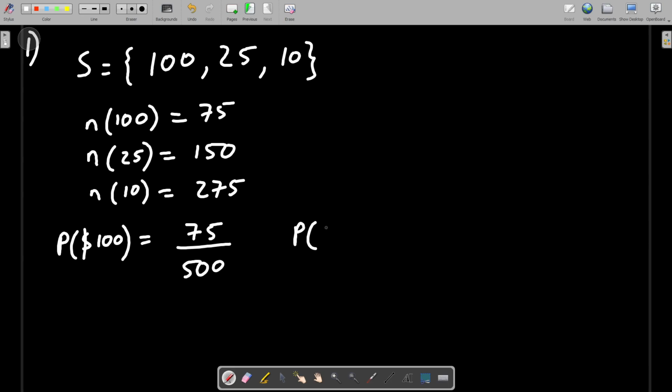So what will be the probability of getting $25? And what will be the probability of getting $10?